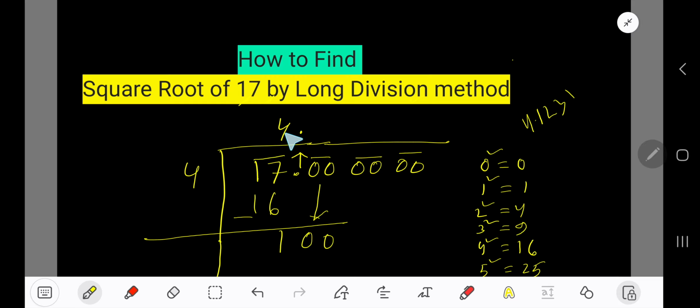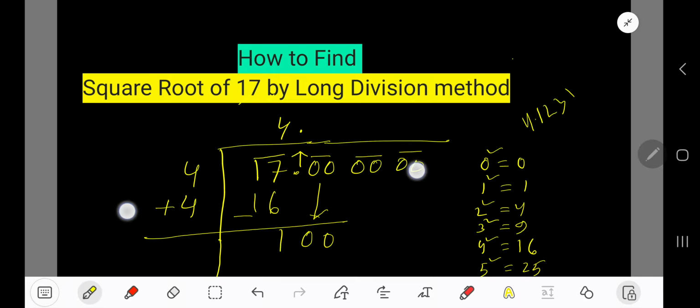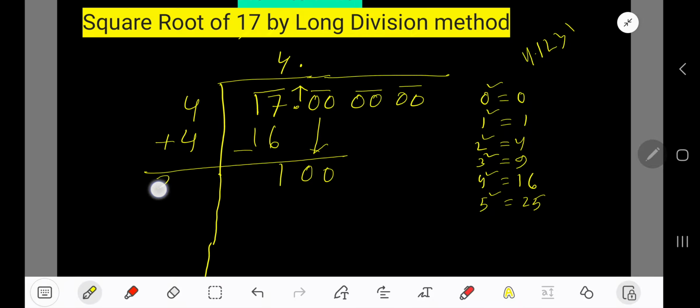Since you have placed 4 here, the same digit will come under the divisor and you need to add. 4 plus 4, 8. Now you need to place a digit here, and the same digit will come here. Let me put the digit, look here, 100.